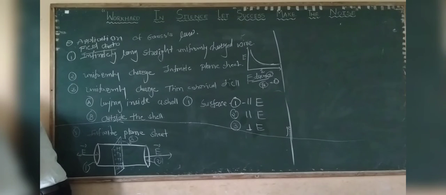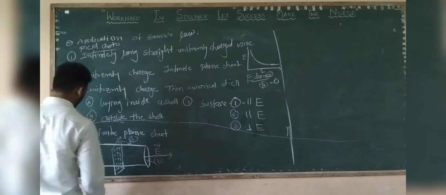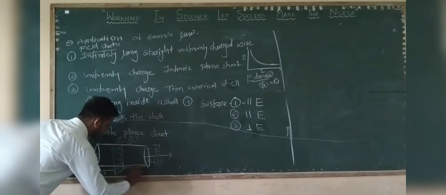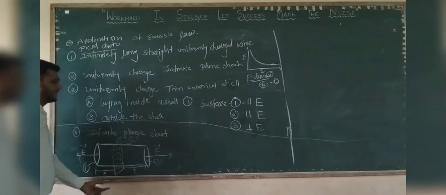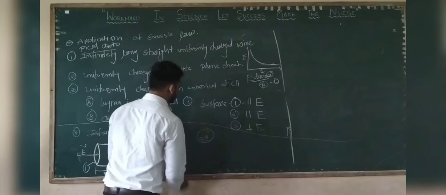On the curved surface, E and n are perpendicular to each other. There are two distances, this one is r and this one is also r, so we take it as 2r.